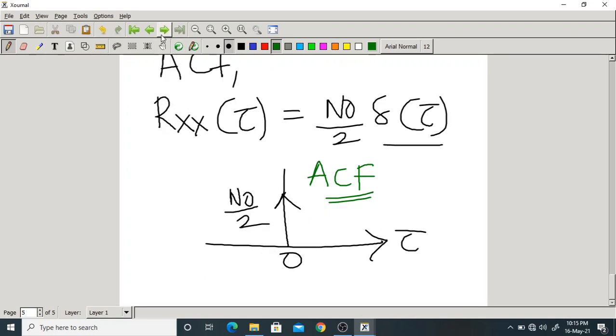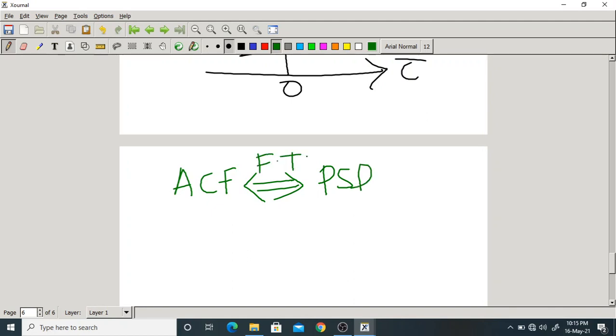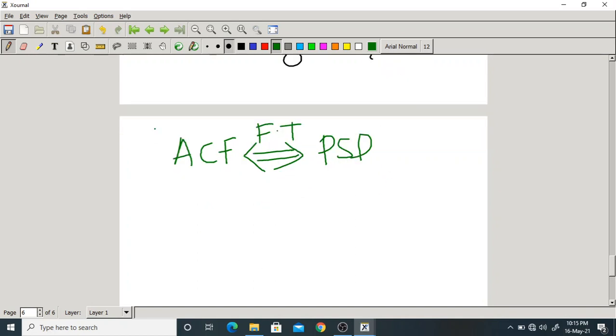Now, we know that ACF and PSD are Fourier transform pairs, which means if you know the ACF, you can find the PSD and vice versa. Here the ACF is known to us. What is the PSD?